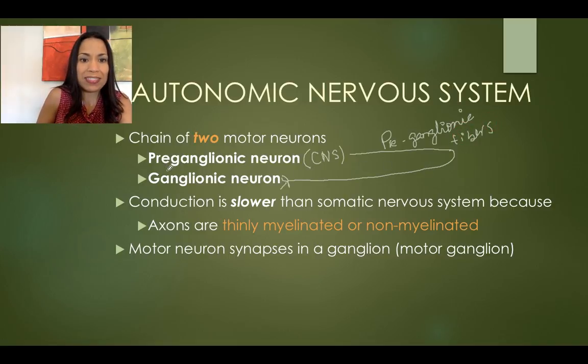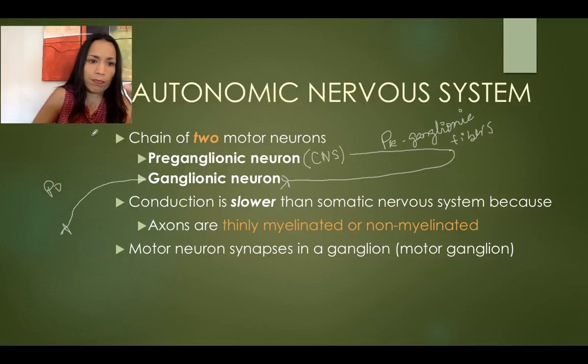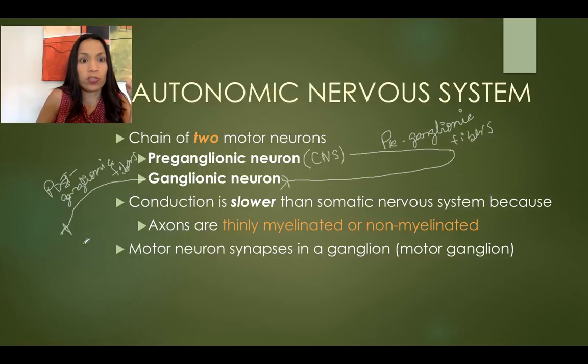And we have a second type of neuron, located in a ganglia, called ganglionic neuron. The axons of these neurons, since they are after the ganglia, are called postganglionic fibers, and they are going to reach the target organ.